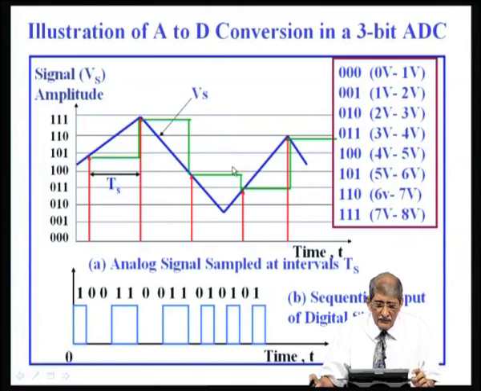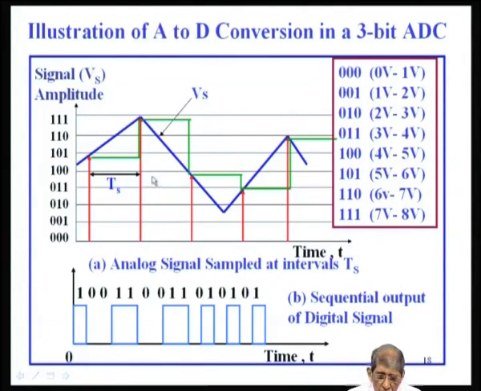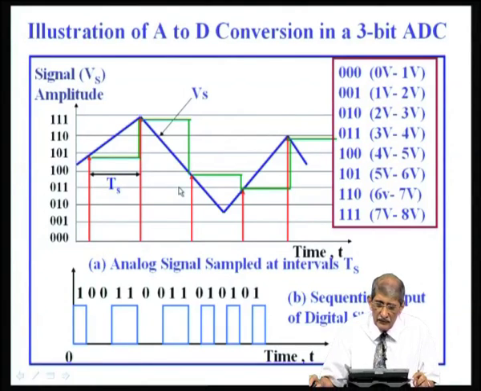For example, here it is between 100 and 111, which will actually correspond to 011, that is 3 volts. So, the pulse here will generate a signal which is 011.